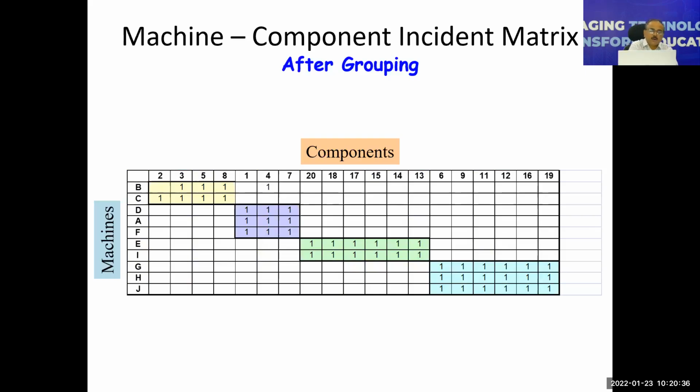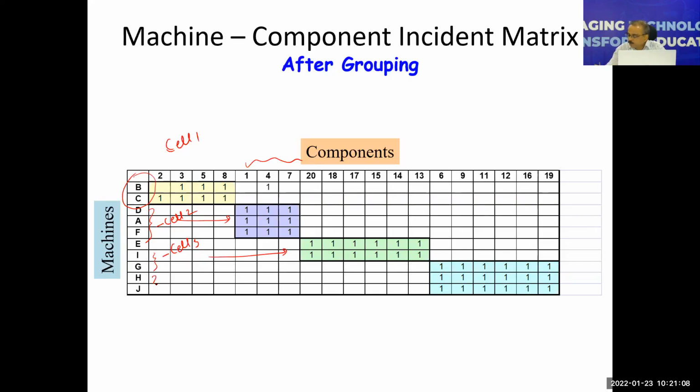So you can see that now we have one cell of machines B and C which will process these particular components. We will have a cell of these 3 machines which can process components 1, 4 and 7. We have these 2 machines as a cell. This is, let's say, cell 1, this is cell 2, this is cell 3, which will process these particular sets of components.